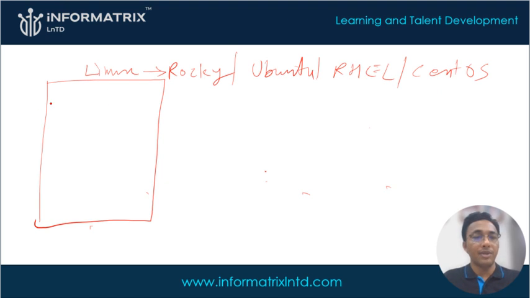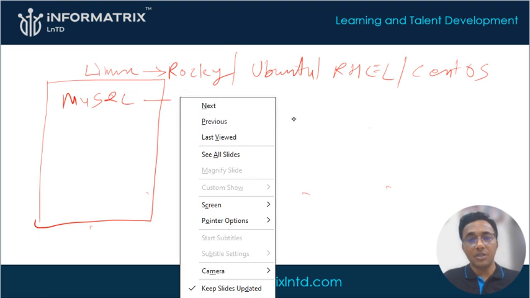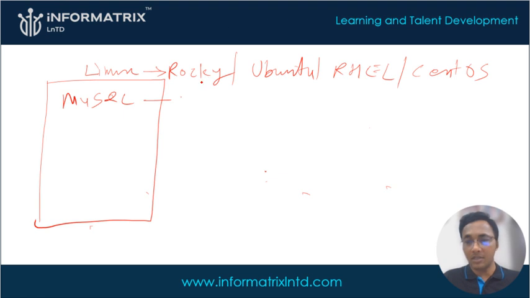On top of it, we have installed the MySQL service. MySQL is a service or program which comes when you install it on a Linux server, and by default this MySQL service works on port number 3306. This is the default port for MySQL.